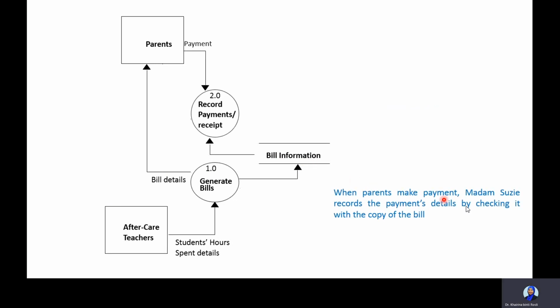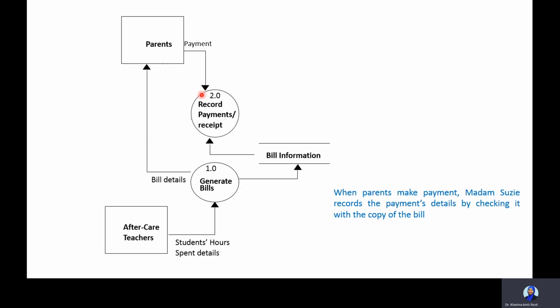When a parent makes payment, Madam Susie records the payment details by checking it with the copy of the bill. After she generates the bills, gives the bills to the parents and saves a copy in the file, she waits for the parent to make payment.